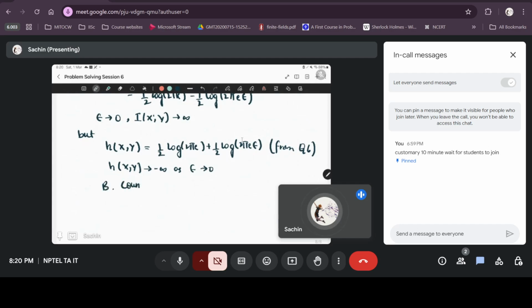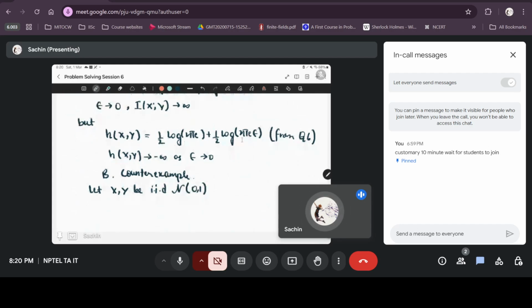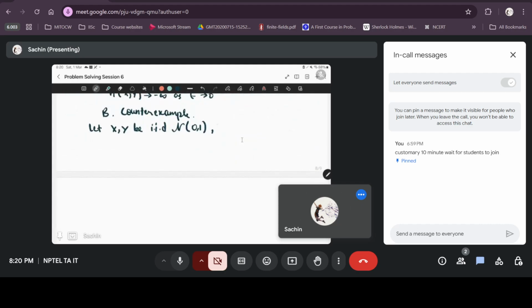For B, consider the counterexample. Let x, y be independent and identically distributed with normal distribution with mean 0, variance 1. Then I of x y is 0, but h of x y is h of x plus h of y given x.